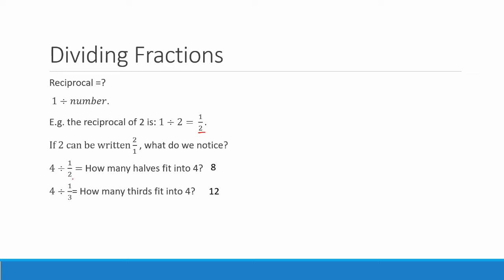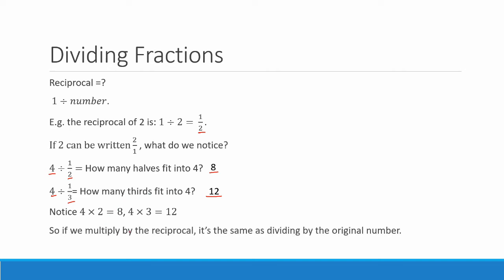Now the question is, is there a pattern we can see between these numbers and the answers we are getting? 4 and 2 and 8, 4 and 3 and 12. Well, notice that 4 times 2 is 8, and 4 times 3 is 12.